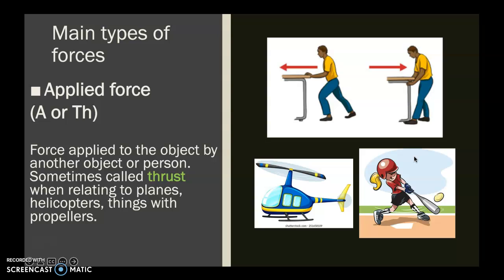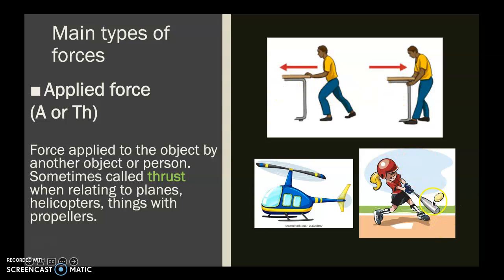So before we can get into drawing all of these different types of diagrams, we have to know what the different types of forces are. The first two, we kind of put in the same category, applied force, although one is applied and the other is considered thrust. This is a force that's applied by an object or a person. So in this case, the person is physically pushing or pulling a table.